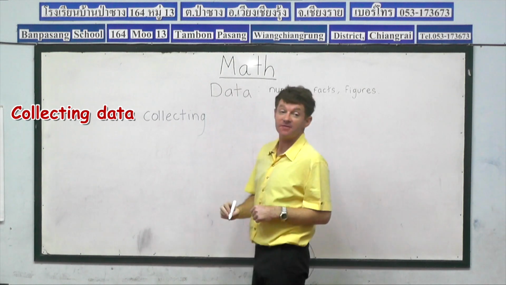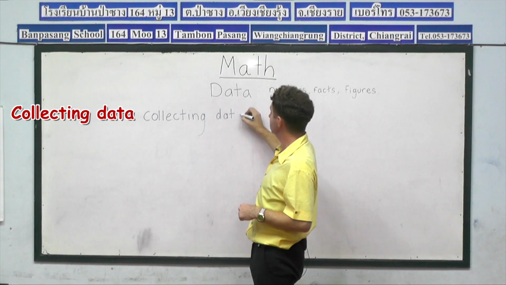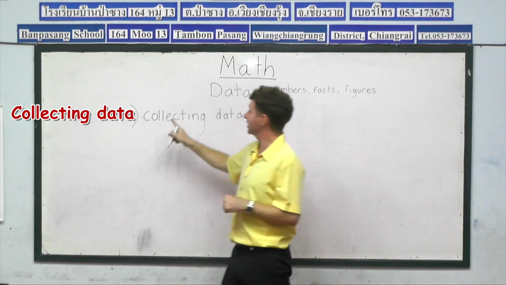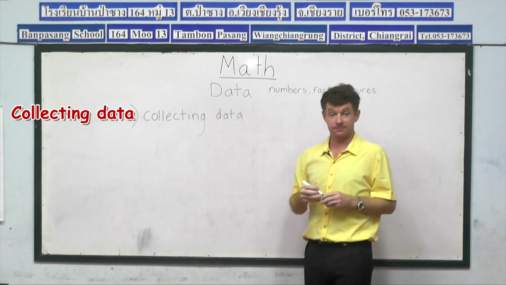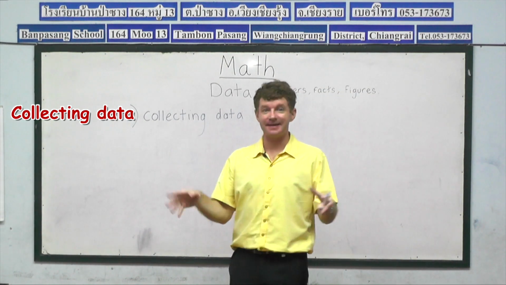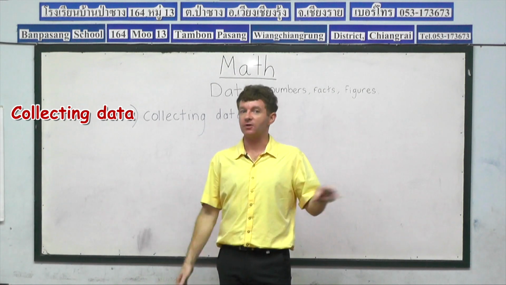C-O-L-L-E-C-T-I-N-G. And data? D-A-T-A. So we can call this step 1, collecting data. Yes, the first thing we need to do is collect data. And the way we can do that is through questions and surveys.